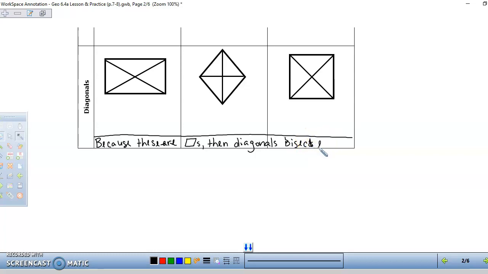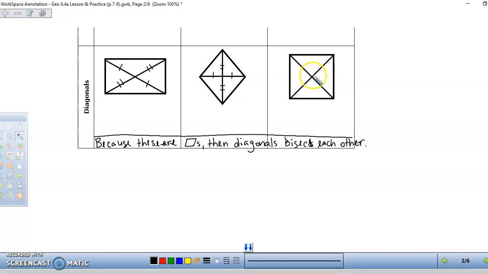Sorry, bisect each other. Okay, so we could mark that in the picture. So I know that these two guys and these two little segments are congruent. And then you can mark that on all of them like that, right?